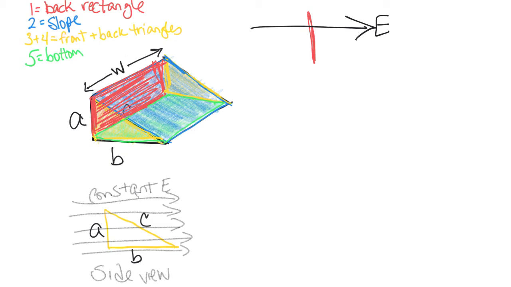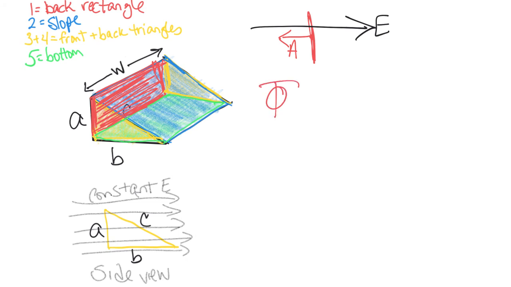What does our area vector look like? I'll draw it in red so it's associated with the area. It's perpendicular to this area, so it's either to the left or right here. But what do we know? It has to go out from the surface. So there's our area vector.